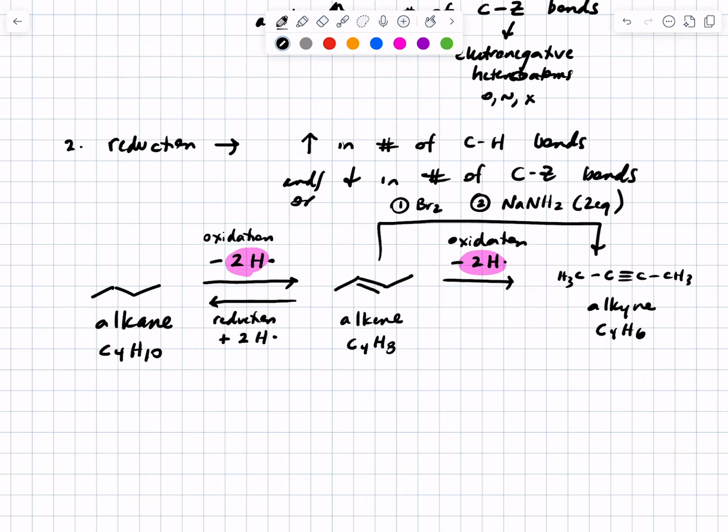So now you know that that reaction series, in particular the bromination reaction, was an oxidation reaction because it led to a decrease in the number of CH bonds and an increase in carbon heteroatom bonds.